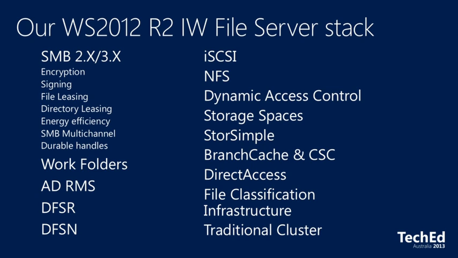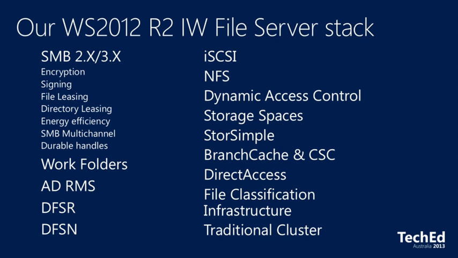RMS, DFSR, I did a big presentation on that yesterday. We added a bunch of new features. It scales to 100 terabytes, 120 million files. We cut the initial sync time down by 99.6%. We're not giving up on this stuff, I'm telling you. iSCSI, NFS, DAC. Anybody use DAC yet? Besides the PFEs.